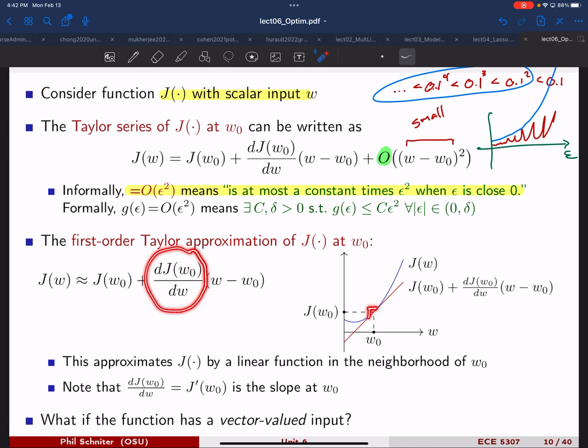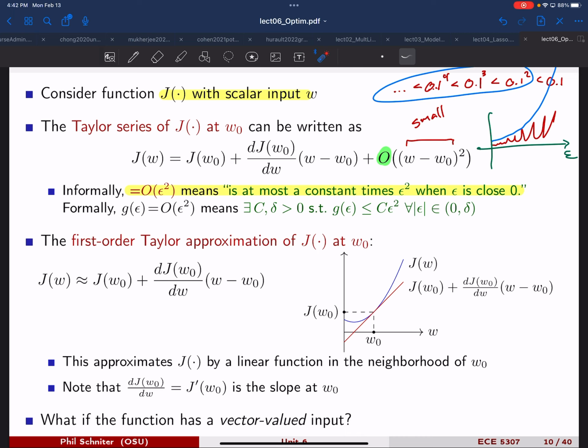That's dJ/dW evaluated at this point, and the red line is chosen to have exactly that slope. It touches the function right there because we're adding this constant offset. Notice when W equals W naught, this term goes away and you have an exact match.